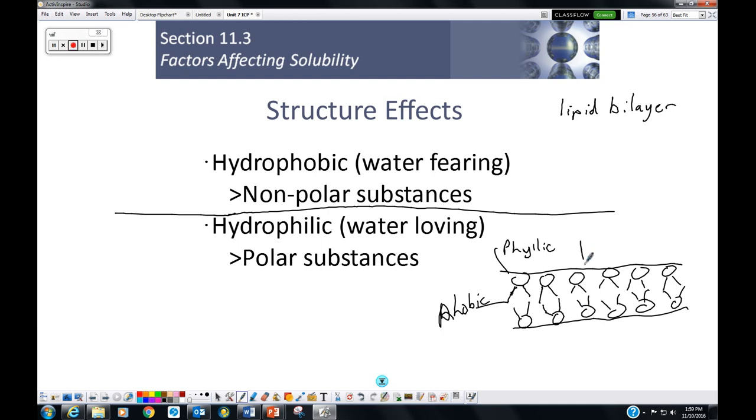So water's going to pass all the way through, because as soon as it gets on the inside, now it's kind of scared of these tails because it's hydrophobic. What keeps it from getting pushed out the way it came in? Well, that's what keeps it balanced. That's what keeps it in equilibrium. If too much is trying to go in, it's going to push back out the same way it came in. If there's not enough on the inside, it's going to allow it through.